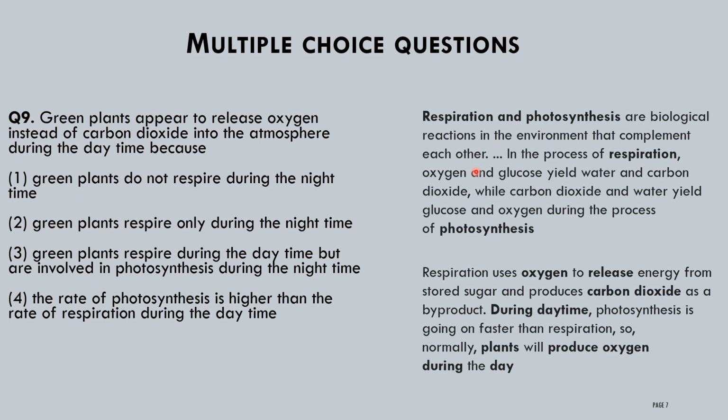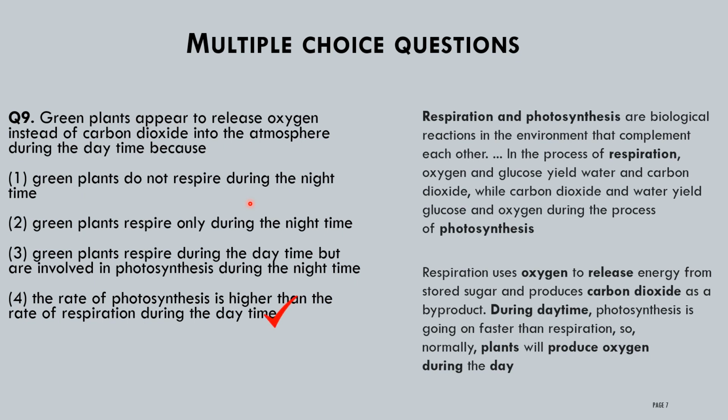During photosynthesis, the plants make use of carbon dioxide more and release oxygen. Therefore, during the daytime, it appears to us that plants release more oxygen compared to carbon dioxide. That is the reason: the rate of photosynthesis is higher than the rate of respiration during the daytime, because the sun is available at the daytime.